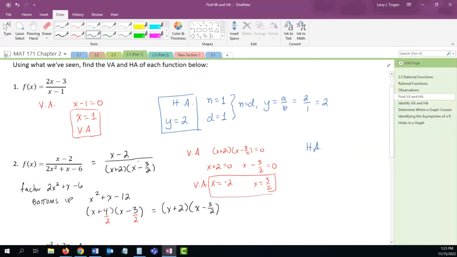Well, go back to the original problem, and you'll see that the degree of the numerator is 1, the degree of the denominator is 2. And what happens in that case? When the degree of the numerator is less than the denominator, my horizontal asymptote is always y equals 0. Because the denominator is growing faster than the numerator.